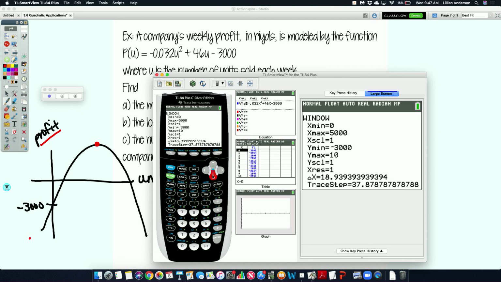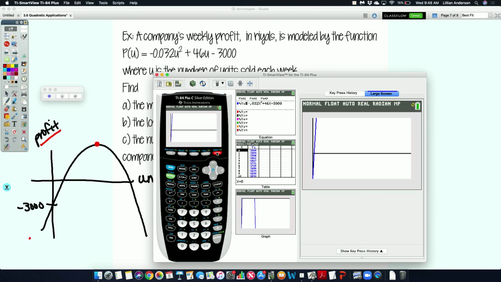What about a max? What do you want to do? 4,200. That's an interesting number. Okay. I'm not going to agree nor disagree with it. Let's just see what kind of graph we have. Okay? So we opened up our X's, our units, very wide because we see both X-intercepts, but I can't see my maximum profit.